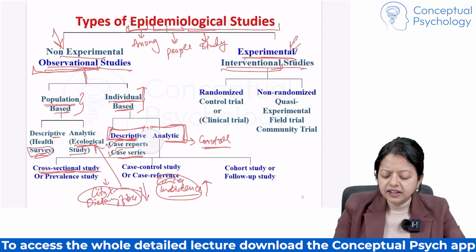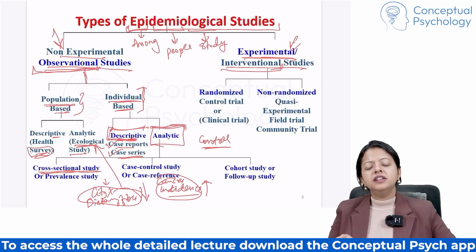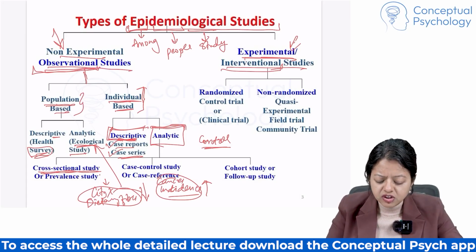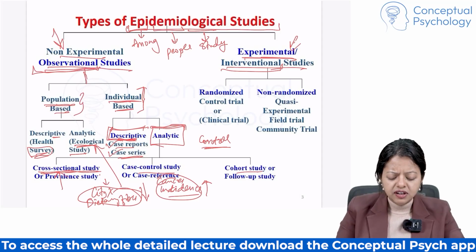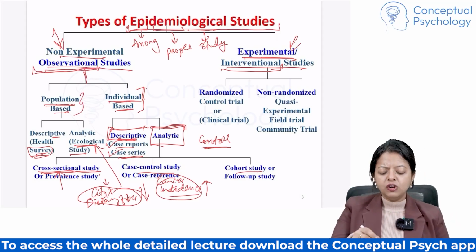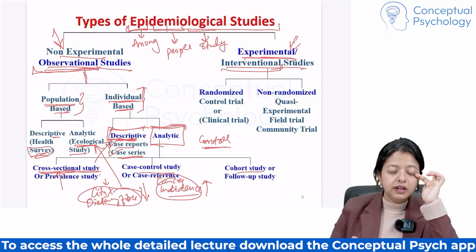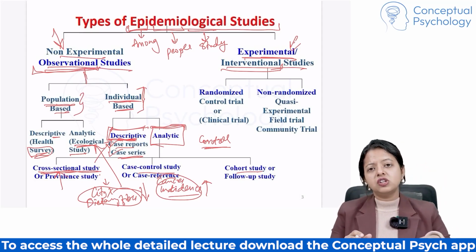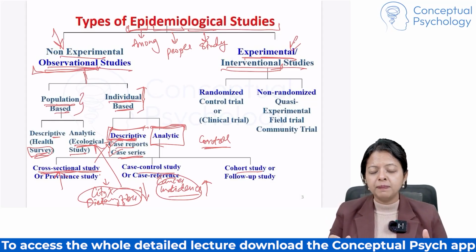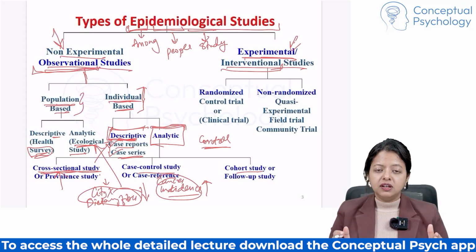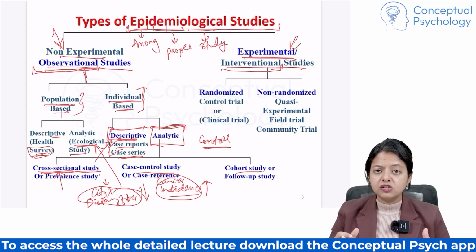So analytical studies are of three types: cross-sectional, case control and cohort study. Coming on to cross-sectional study, they can also come under descriptive study designs because it's like a snapshot of the population or the study group, and we see what is the prevalence of a certain characteristic under study or a certain disease.